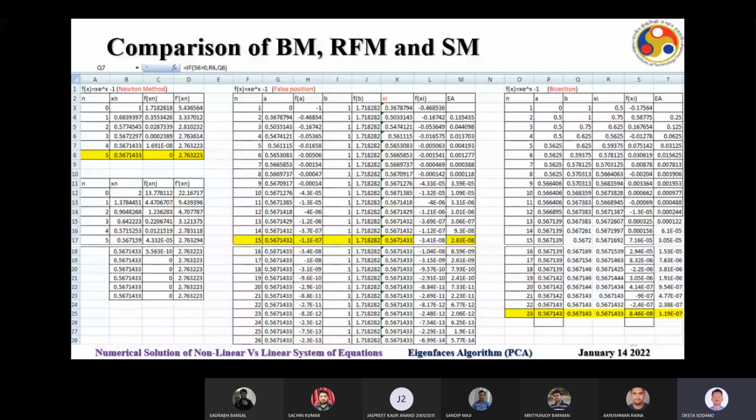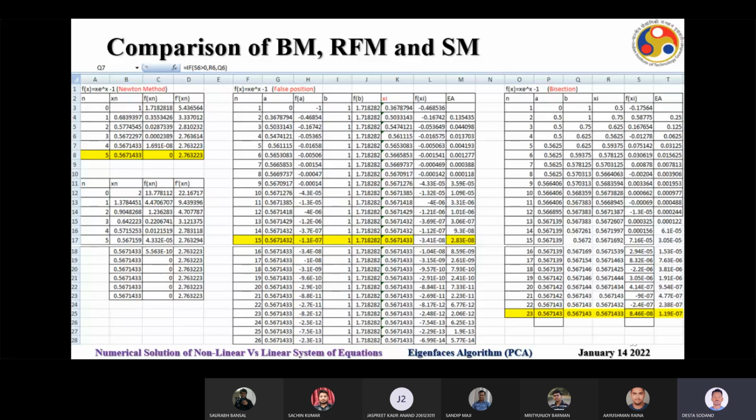Here three methods are available. The given equation is f(x) = e to the power of x minus 1 for Newton method, and f(x) = x e to the power of x minus 1 for false position, and a common function is also available. This is how I ran this function using Microsoft Excel.